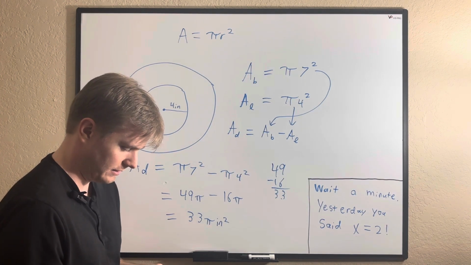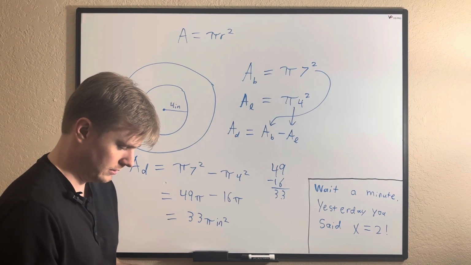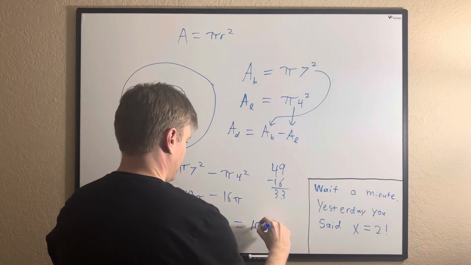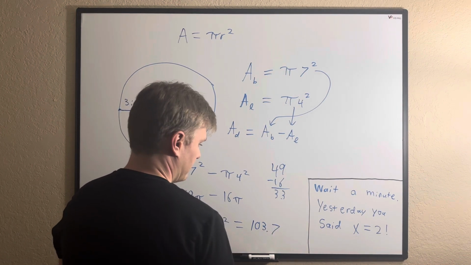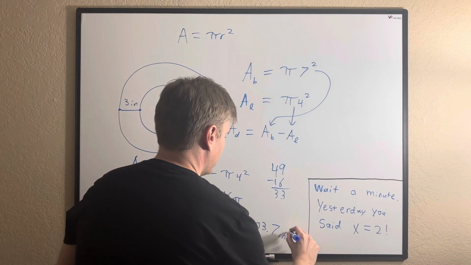So 33 times pi, 103.7, round up, inches squared.